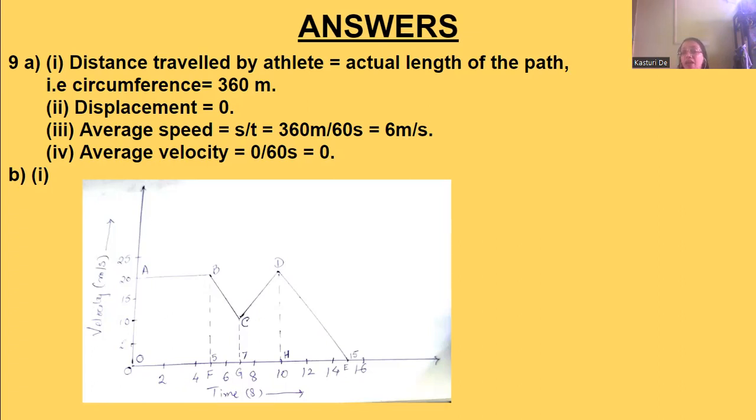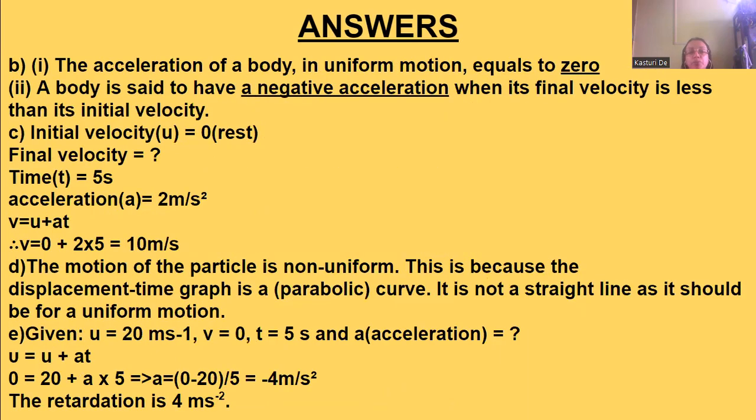Average speed is distance by time: 360 meters and time taken 1 by 60 hours, that is 60 seconds, so 6 meters per second. Average velocity is displacement by time; displacement is 0, therefore average velocity will also be 0. Clear? Next, we move on to the next question.